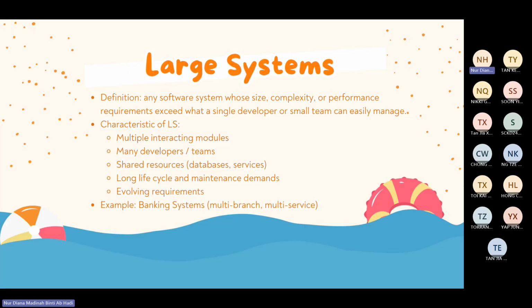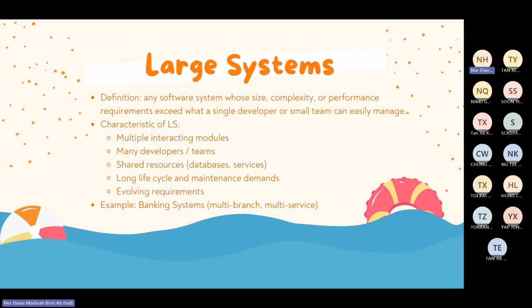The characteristic of a large system is multiple interacting modules. Maybe in the current system you only have one or two modules interacting, but in a large system you can have more than 10 modules working together at the same time. You need many developers, sometimes 40 developers per team, each in charge of different components.